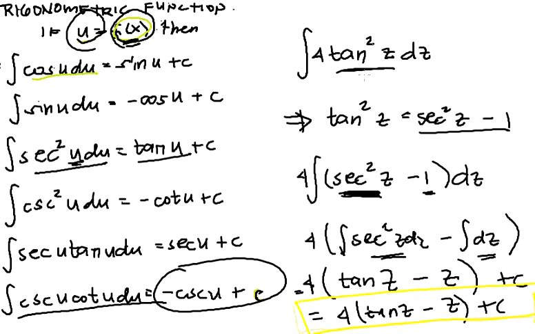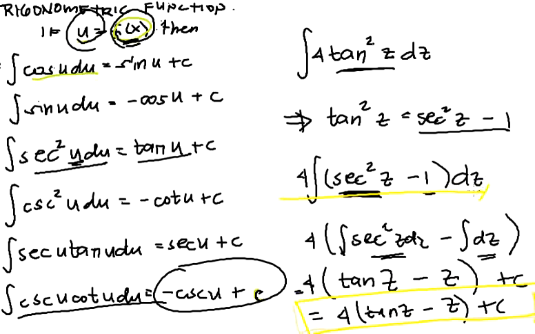So as we analyze, we transform this tangent square using its identity. We say that the identity of this tangent square is just secant square minus 1, wherein when we simplify our integrand, we come up with this form.